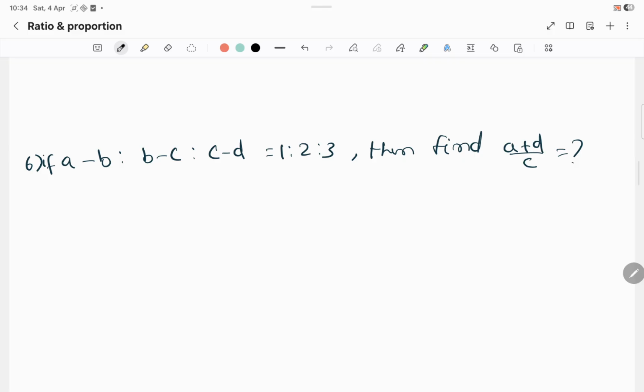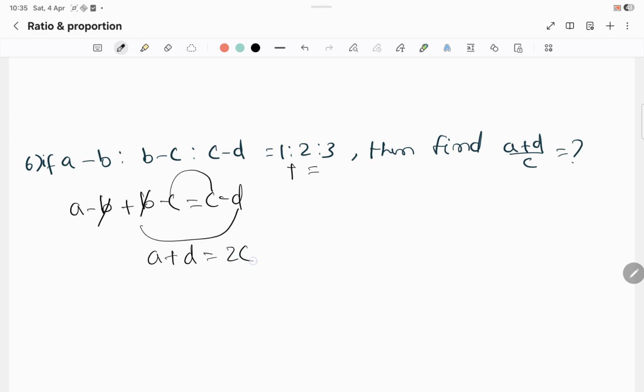Then a minus b is to b minus c is to c minus d is equal to 1 is to 2 is to 3. Then find a plus d by c. Okay. See that 1 plus 2 is equal to 3. So I am going to use this. So a minus b plus b minus c is equal to c minus d. b and b get cancelled. c if I transpose and d if I transpose to the left, a plus d is equal to minus c plus c, 2c.